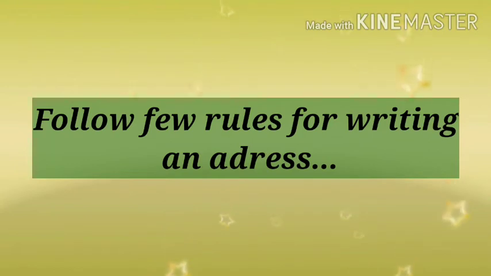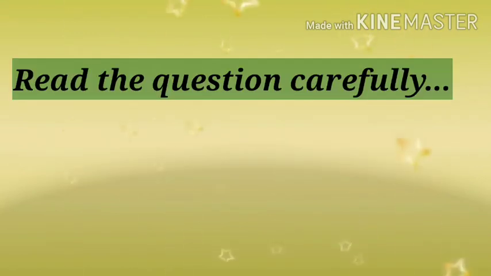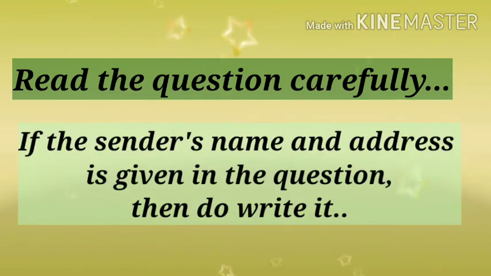For writing an address, we have to follow some rules. Read the question carefully. If the sender's name and address is mentioned in the question, then you can write the sender's name and address at the left corner of your letter.